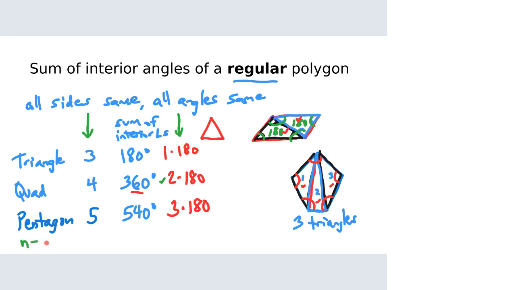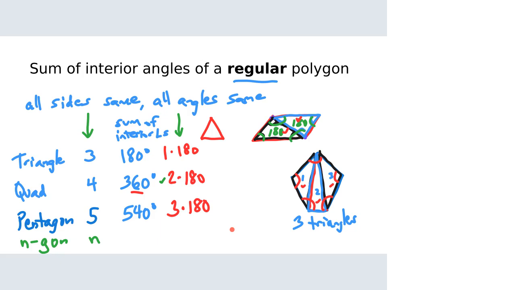If I just have an n-gon that has n sides in it, what would I do over here to figure out the angle measures of that n-gon? If you get this, that's great. If you don't, it's okay. Abstractions like this are pretty hard.